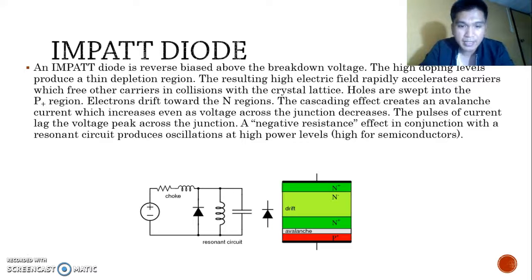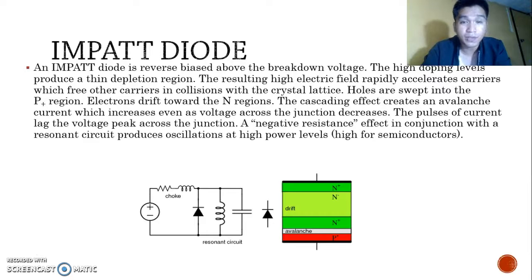So next is the impact diode. An impact diode is reverse biased above the breakdown voltage. The high doping levels produce a thin depletion region. The resulting high electric field rapidly accelerates carriers, which free other carriers in collisions with the crystal lattice. Holes are swept into the P+ region.